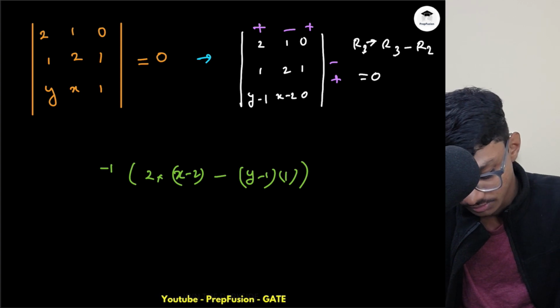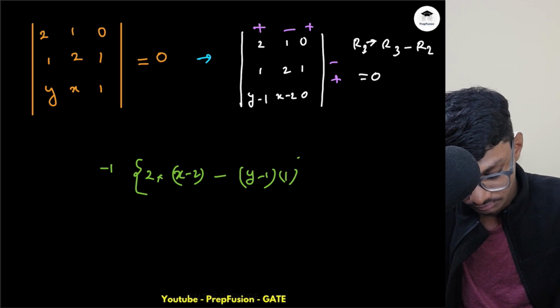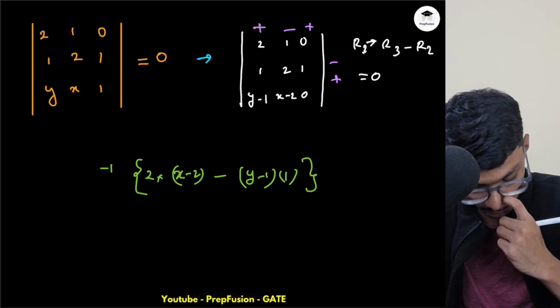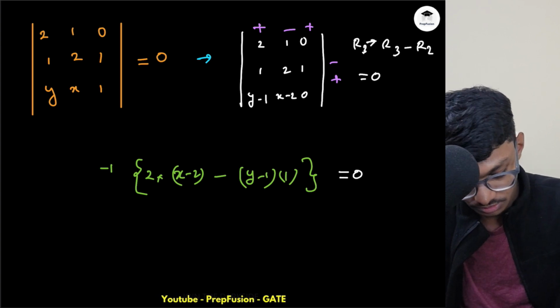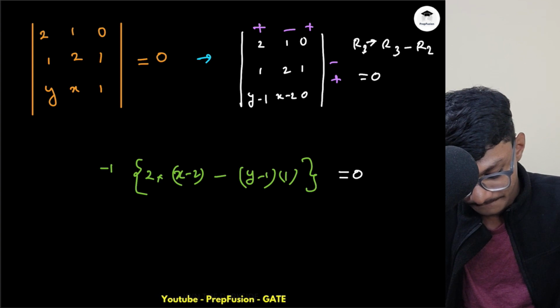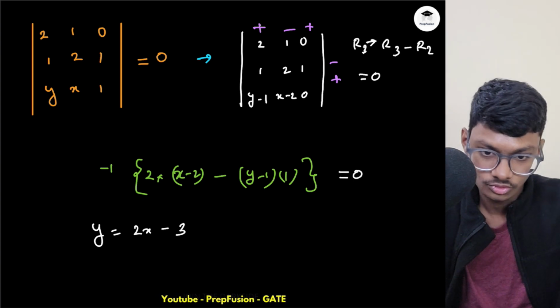Let me use some other brackets. This equals 0, so the negative sign doesn't matter. So basically y equals 2x minus 2, minus 1, that is minus 3. So y equals 2x minus 3.